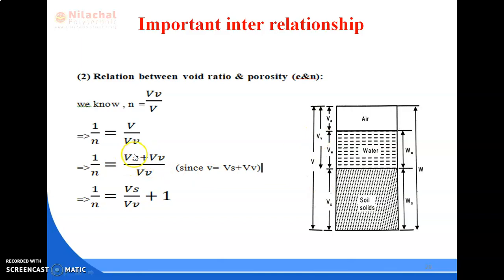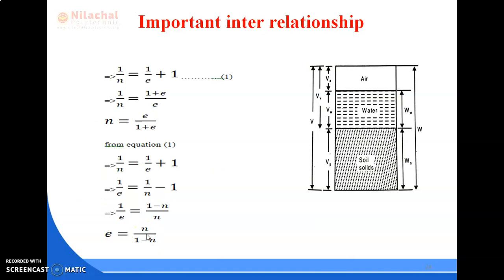So write here (Vs plus Vv) by Vv, which implies 1 by n equals, we segregate it, Vs by Vv plus Vv by Vv. So Vv by Vv value is 1.